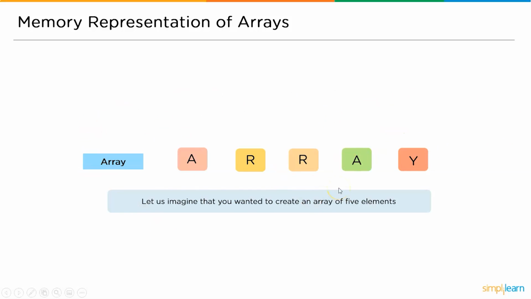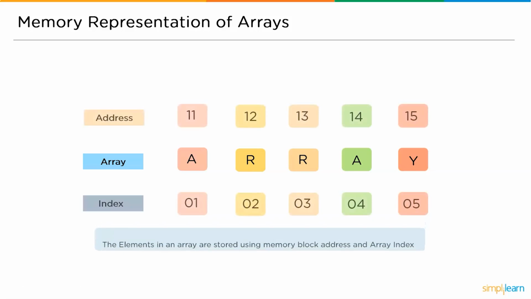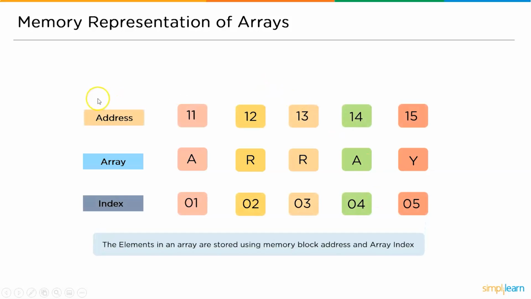We only have to save character type elements in this particular array. So now let us imagine that we have created an array which is of character data type, and these are the elements which are A, R, R, A, Y. Now how does the compiler represent it in the form of memory? When you create an array, these are found, that is the index values and the address. So basically the compiler will select a block of memory and it has addresses to that block and it can be anything, right?